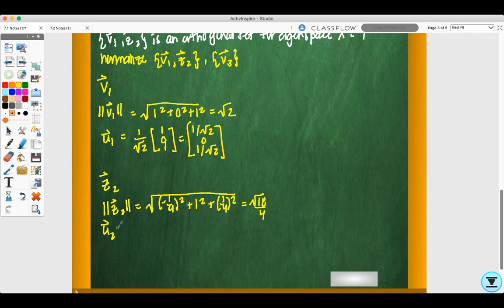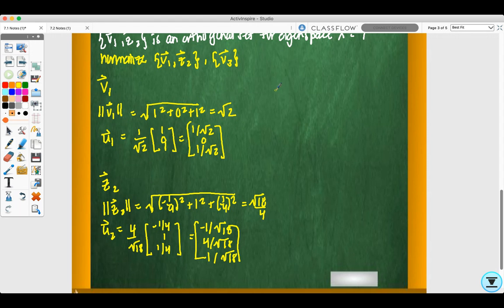So U2 would be 4 over the square root of 18 times negative 1/4, 1, 1/4. And I would get negative 1 over the square root of 18, 4 over the square root of 18, and 1 over the square root of 18.